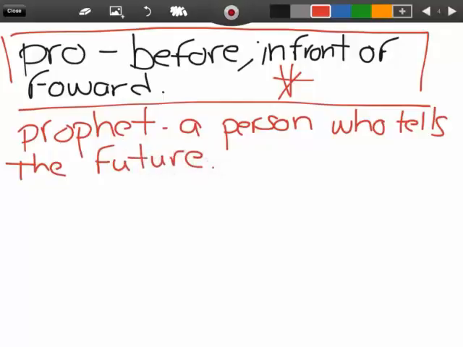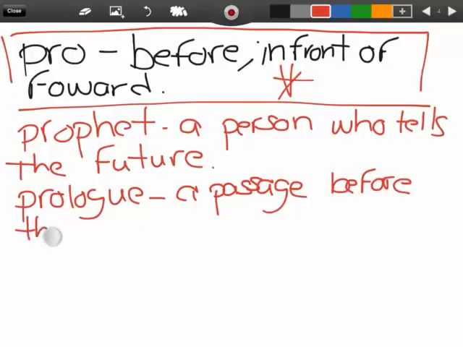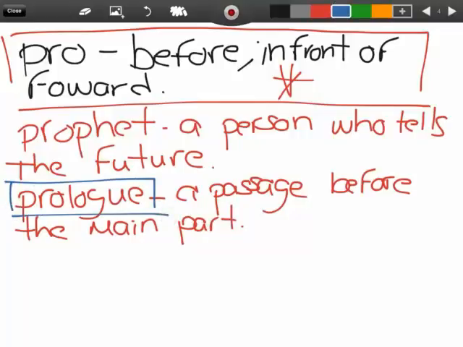My next word is prologue, and prologue means a passage before the main parts. I'm going to use prologue in a sentence.